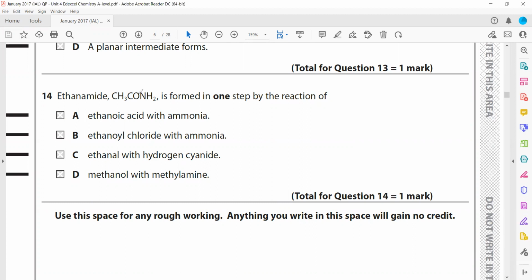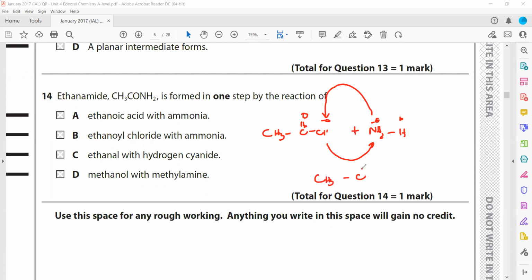It will not form an amide. Ethanoyl chloride is C double bonded with O and Cl, and ammonia is NH3. There are partial negative and partial positive charges, so NH2 will take the position of Cl. This results in the formation of CH3, C double bonded with O and NH2. So an amide is formed, plus misty fumes of HCl.